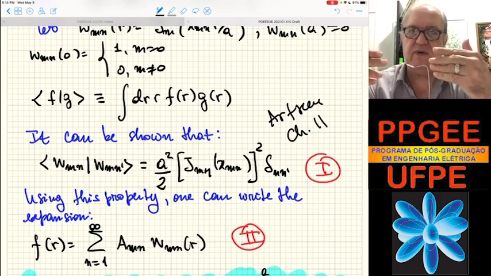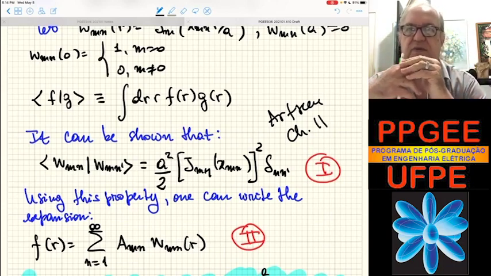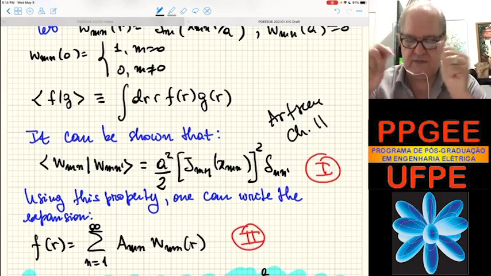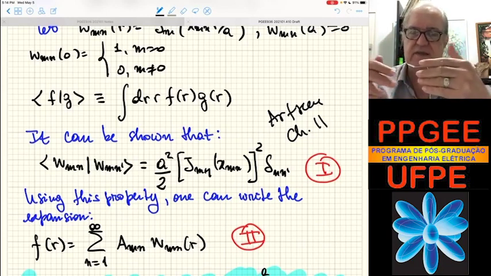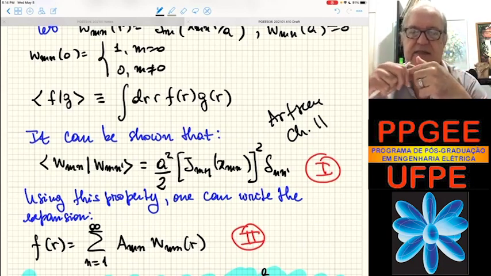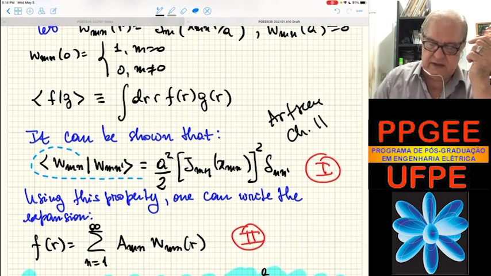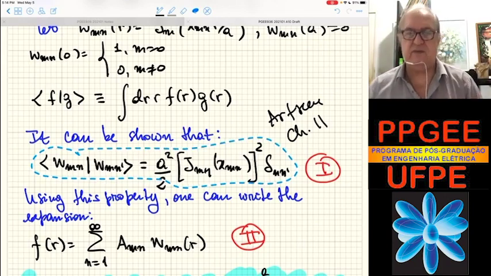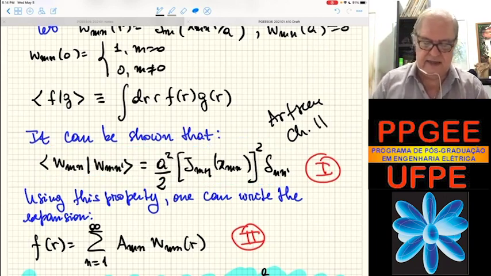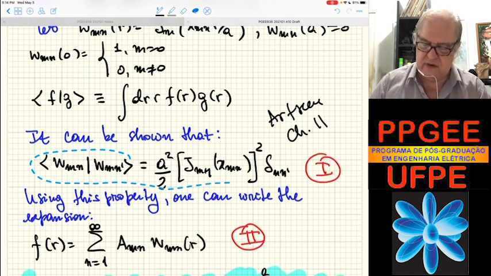So we have to use the differential equation to determine those properties. That's an entire course on mathematical methods that we have in the graduate program, dedicated to those demonstrations. Okay, so it can be shown that those functions are orthogonal in the domain between 0 and a, and the orthogonality conditions can be written in this form.